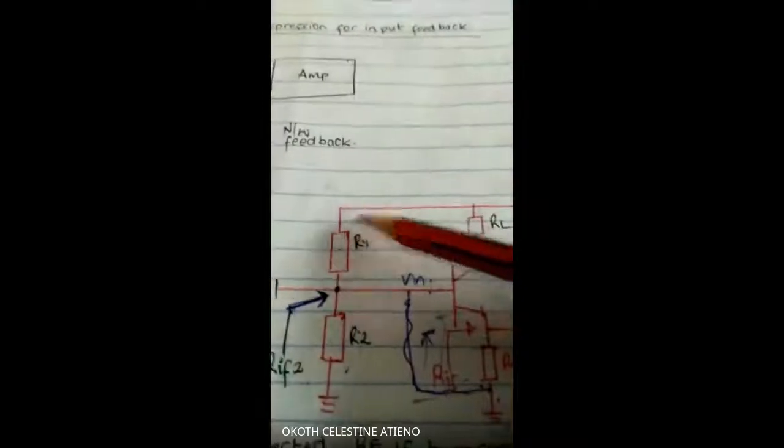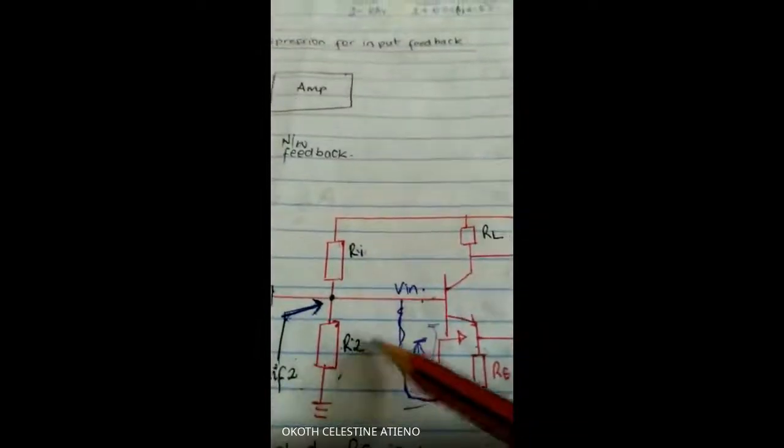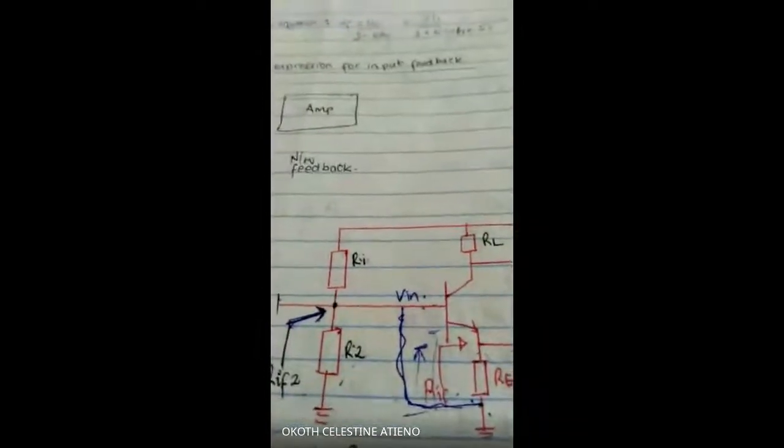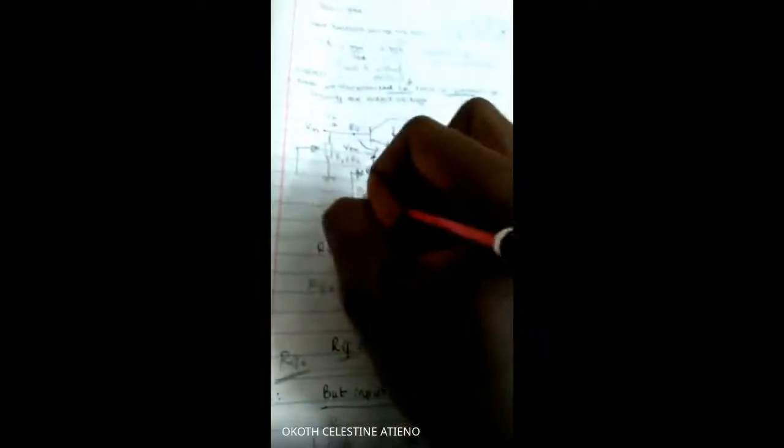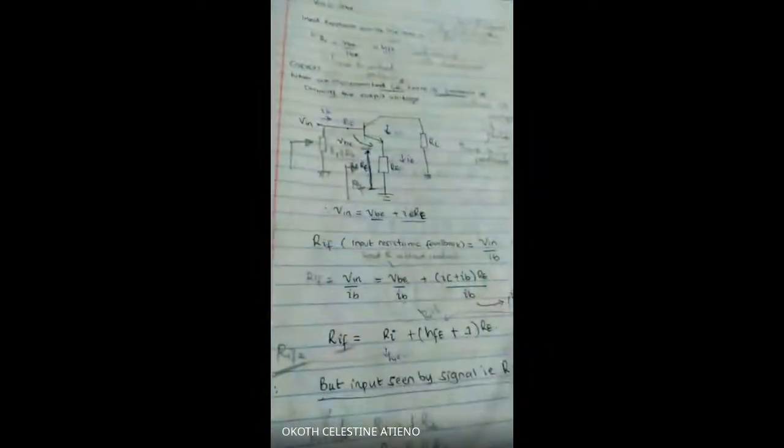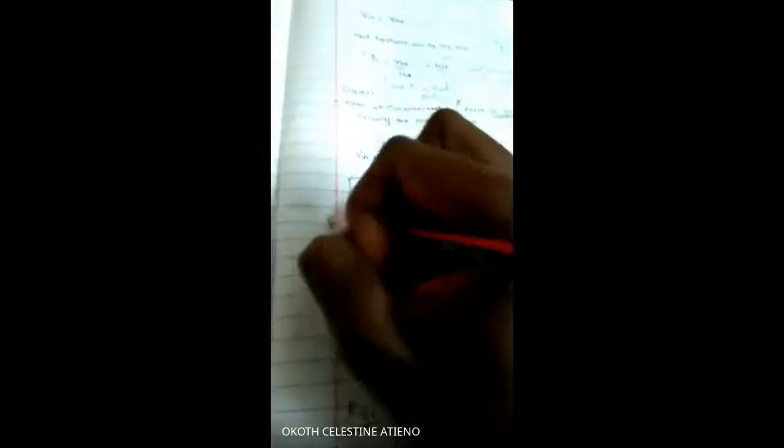So R1 and R2 is basically when you ground VCC. R1 inakuja chini ground na R2 iko hapo, so they're in parallel. So when I'm calculating input resistance, it's like the resistance I'm seeing from this side. So I'll have this one in parallel with this. So this is normally Ri. There's input resistance with feedback, and this is input resistance seen by the signal.